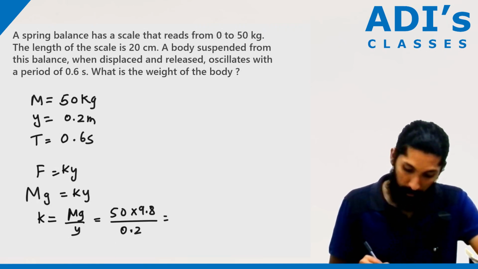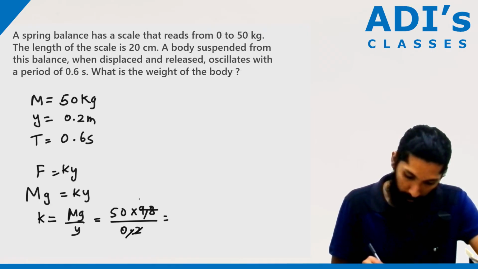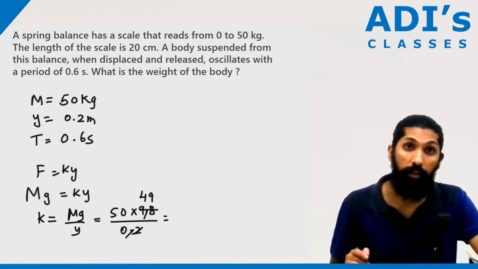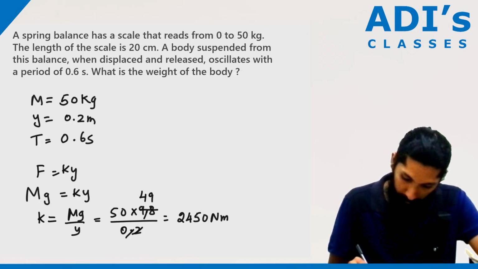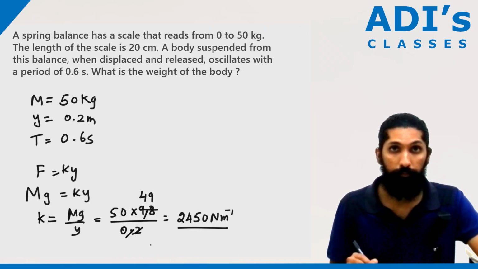If you solve this, 49 into 50 gives you 2450 Newton per meter. This is the value of K.